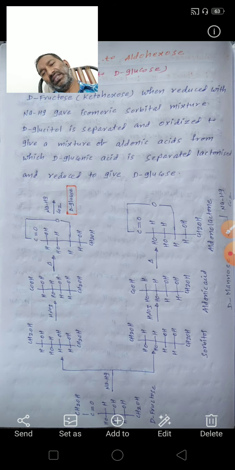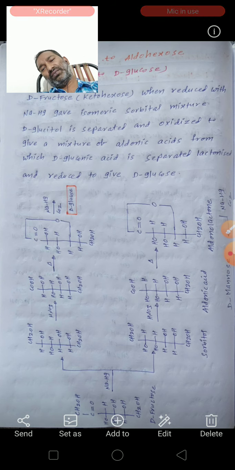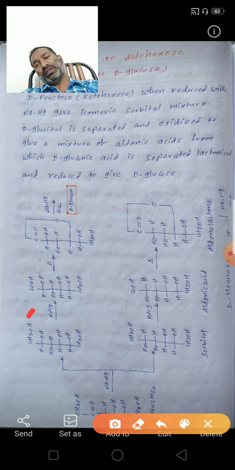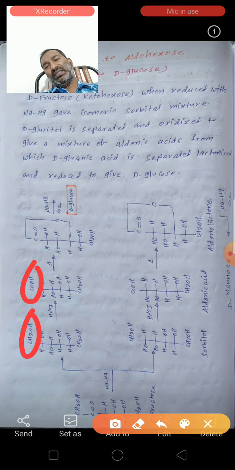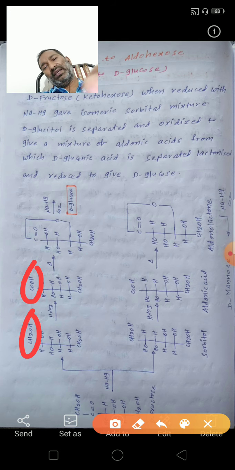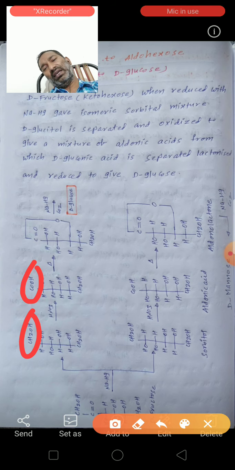When this mixture is reacted with concentrated HNO3, the oxidizing agent, the CH2OH group converts to the COOH group. On heating, by removing a water molecule, it will convert to a gamma lactone.